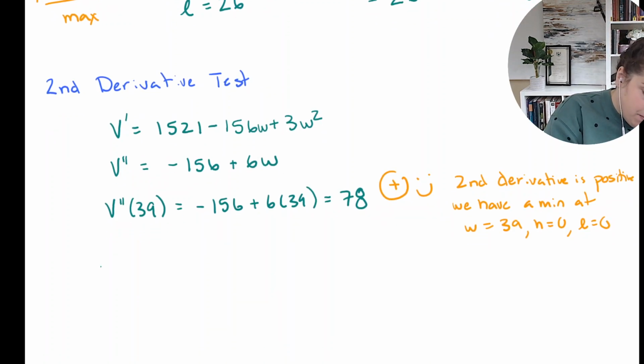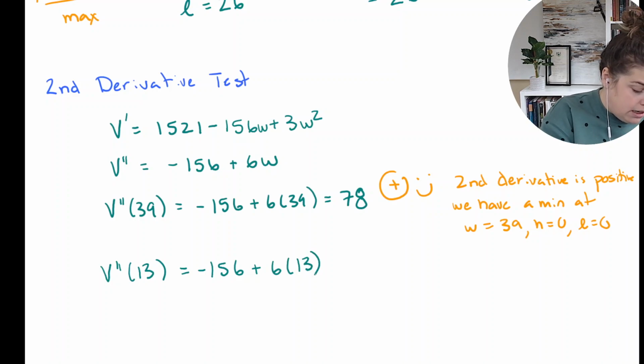If we test our other point of 13, we're going to have negative 156 plus 6 times 13. We get negative 78. It doesn't mean anything that they're the same number. Don't worry about that. Again, we just care about the fact that it's negative.